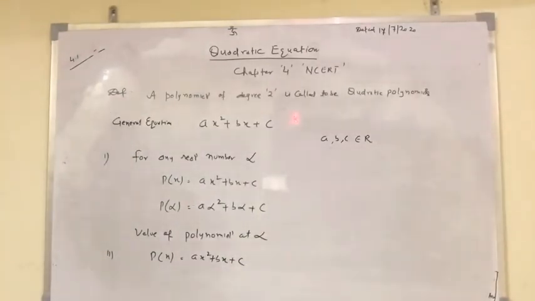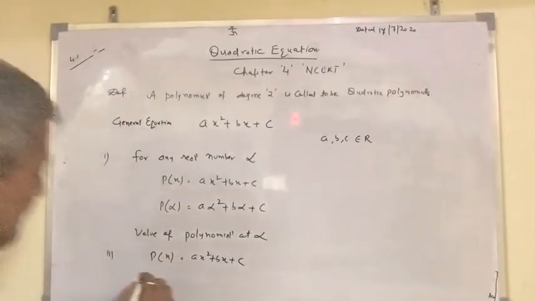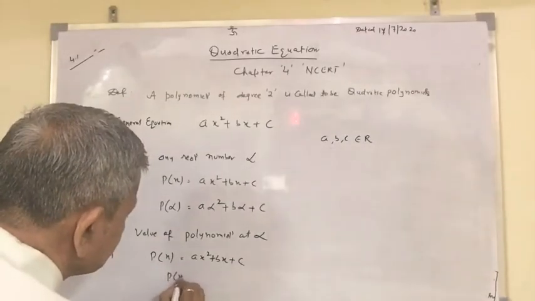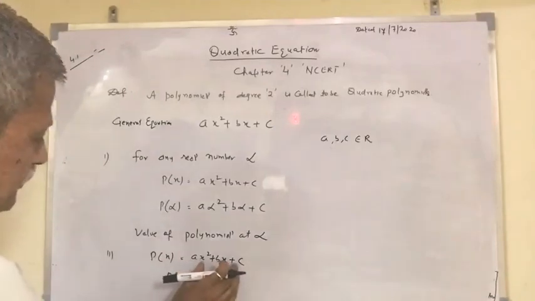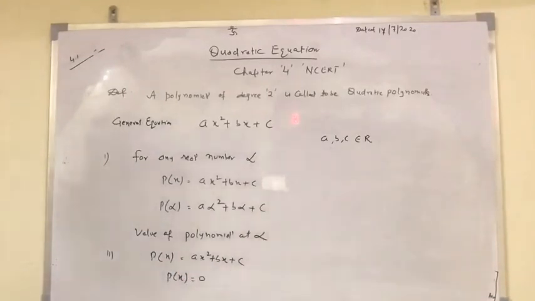Now if we equate it, p(x) = 0, then the value of x that satisfies this is called the zero of the polynomial.